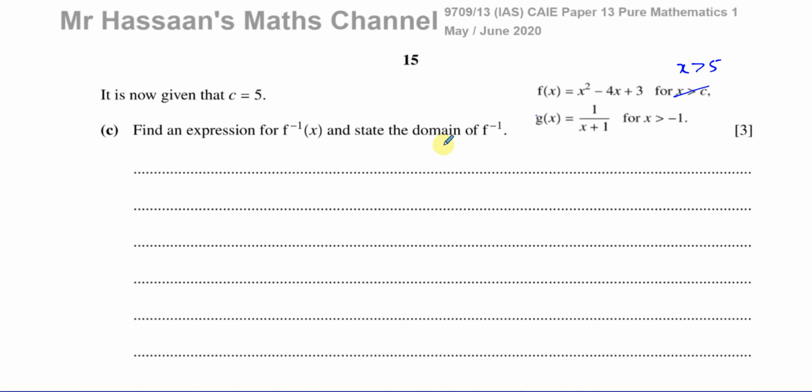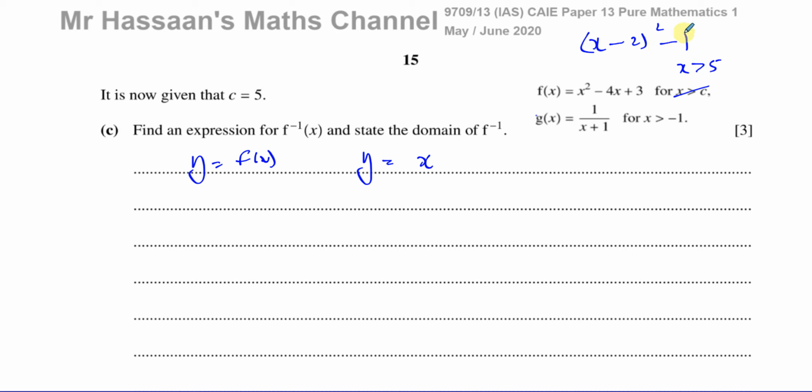Now, it says, find an expression for the inverse of f of x and state the domain of the inverse of f of x. Okay, so now, the inverse of f of x first. So let's take y and call it f of x. Now remember, this was x minus 2 squared, and that was minus 1.